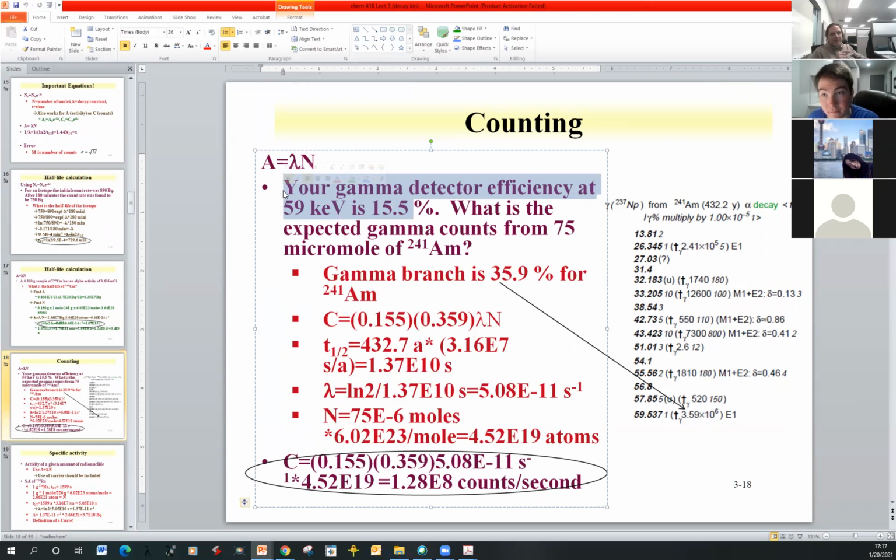The way you acquire it is I take a standard that has a number of different gamma energies. I know their activity, and then I measure their counts. That tells me, at a given energy for this detector, what percentage of the counts are seen.